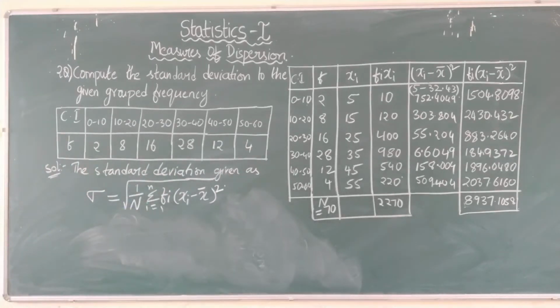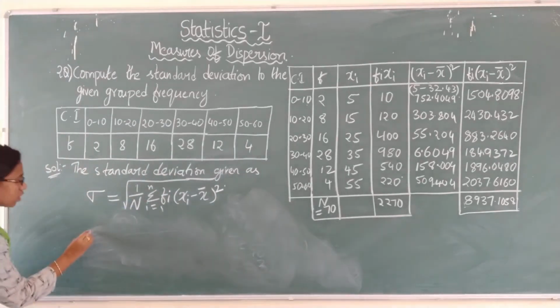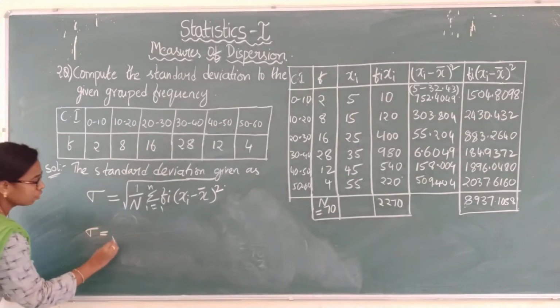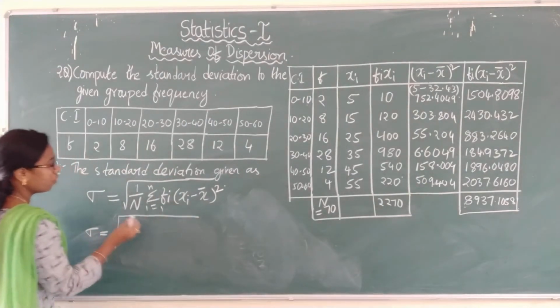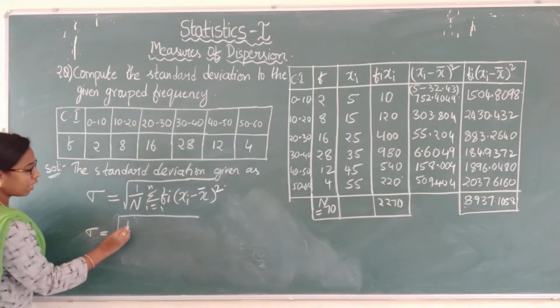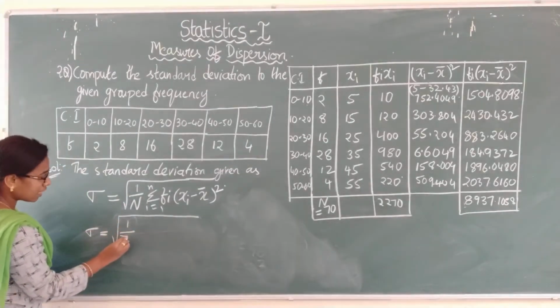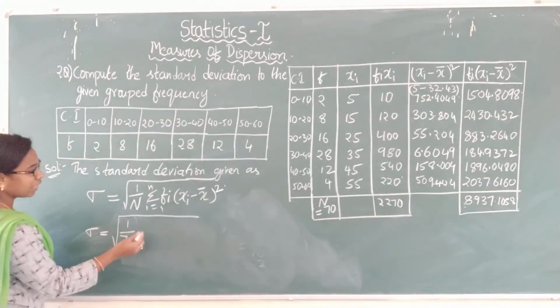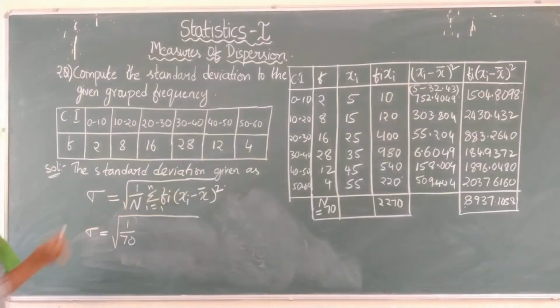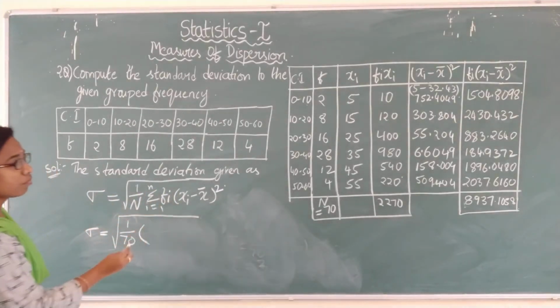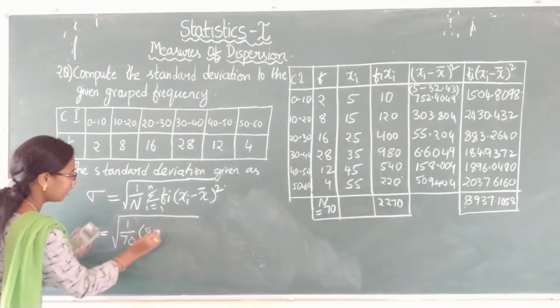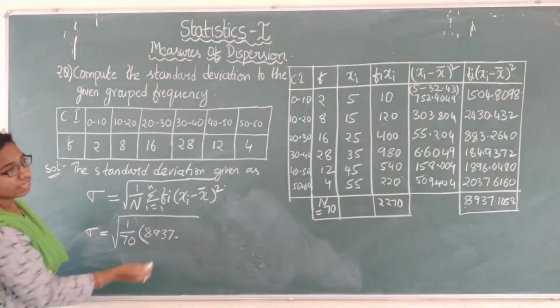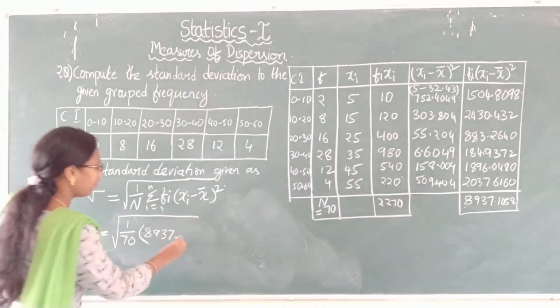So sigma is equals to square root of 1 by n, and we got the n value as 70. 1 by 70 summation fi into xi minus x bar whole square, we got it as 8937.1058.